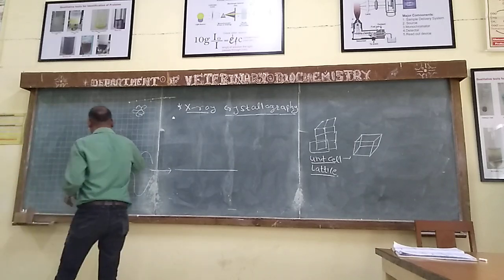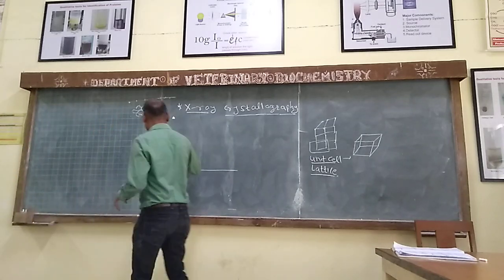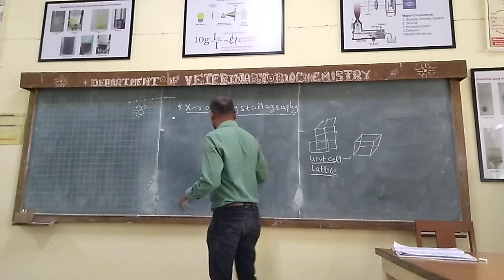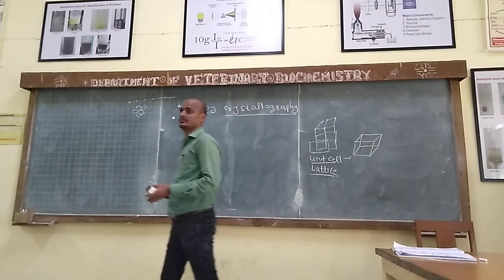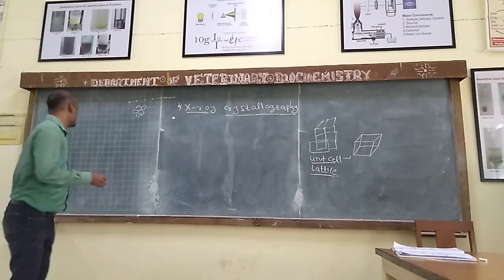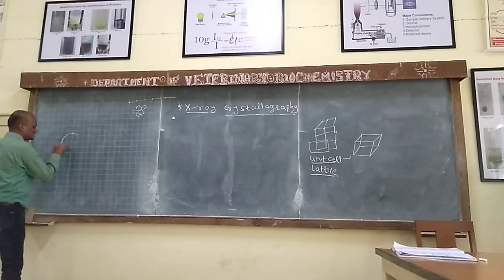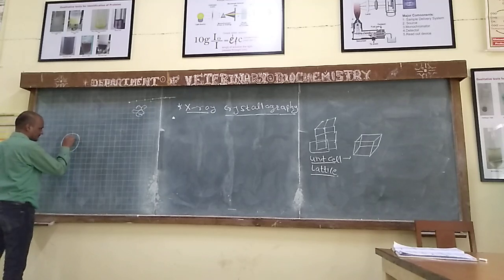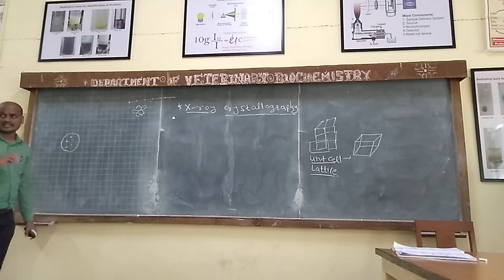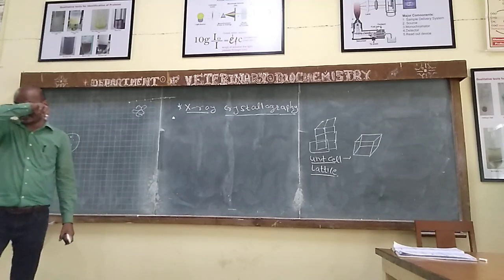So now we have learned about constructive interference and destructive interference. We have talked a little bit about how this crystal can be formed. Okay. So now we have crystals, for example. So now we have this dish. In this dish we have crystals like this. So how to determine the shape of the crystal?